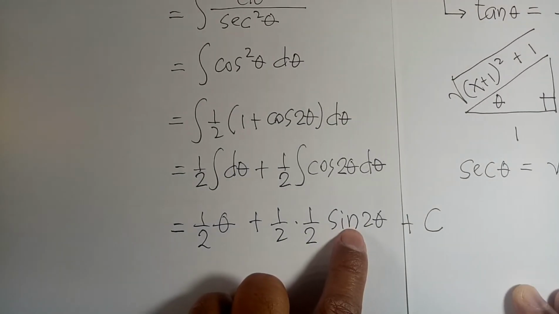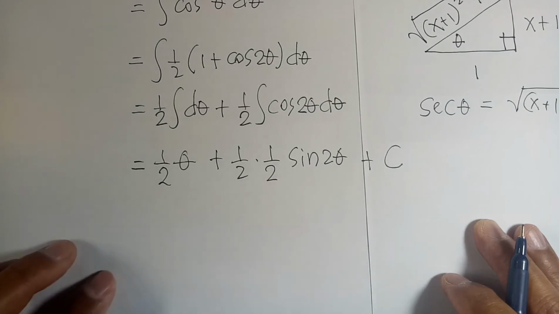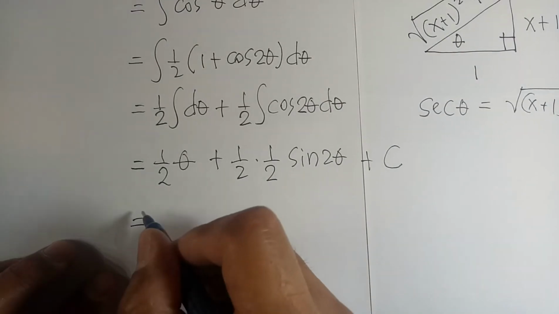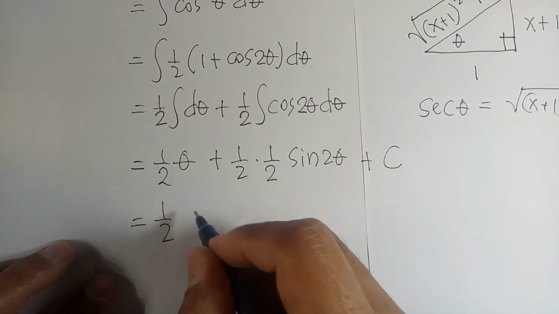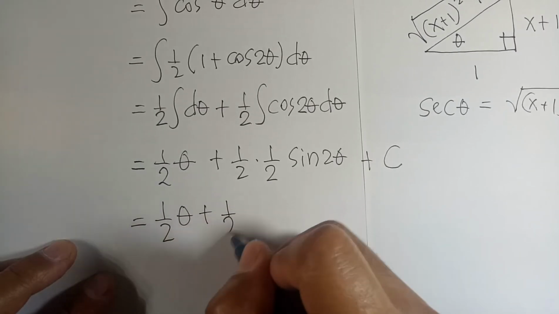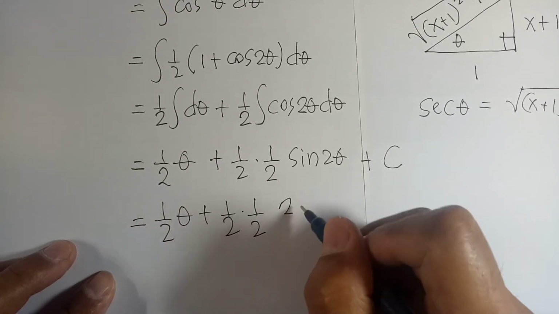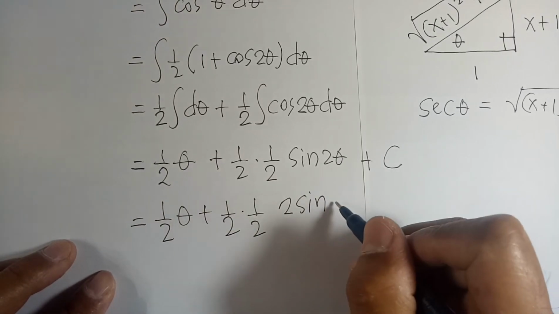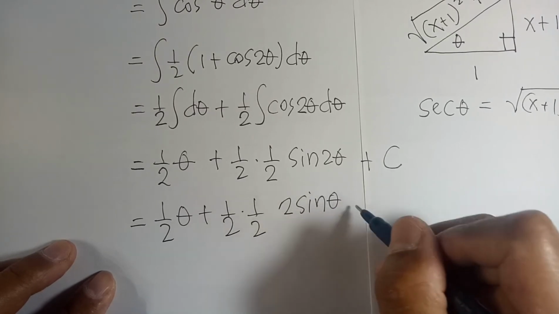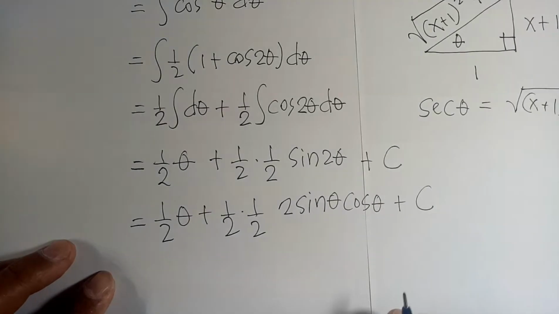And then sin 2 theta is 2 sin theta cosine theta. So, ayan, papalitan natin ng 2 sin theta cosine theta. So, meron tayong 1/2 of theta plus 1/2 and then times 1/2 and then times 2 sin theta cosine theta and then plus c.